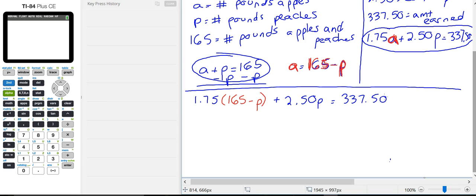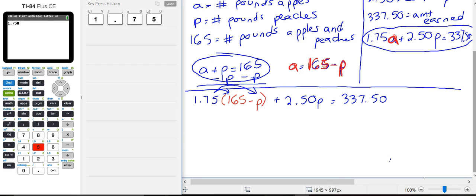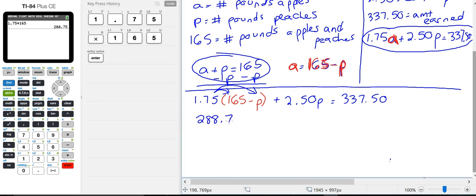So we're going to distribute 1.75 over the 165 and over the negative P. 1.75 times 165 is 288.75. 1.75 times negative P is negative 1.75P, plus 2.50P is equal to 337.50.